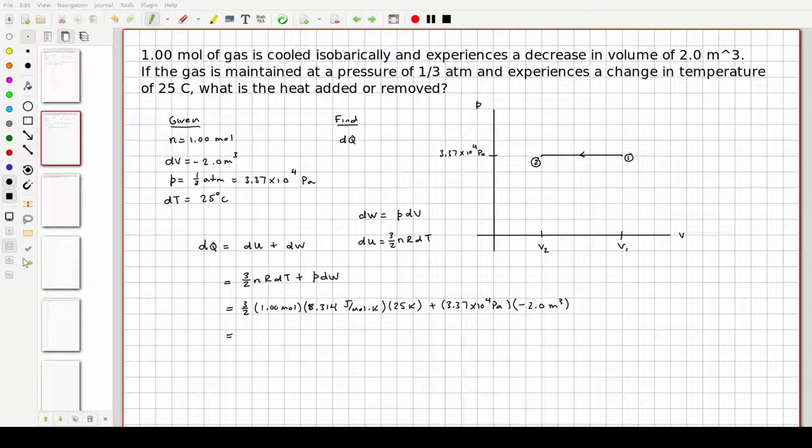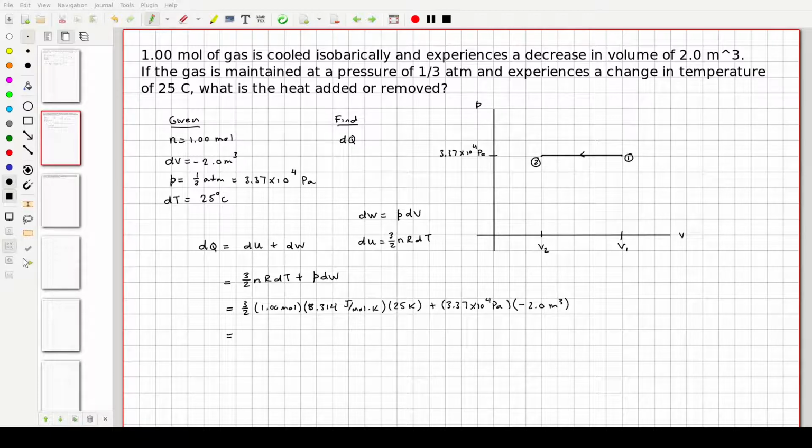And then I'm subtracting away the 3.37 times 10 to the 4th, and then I'm multiplying that by 2.